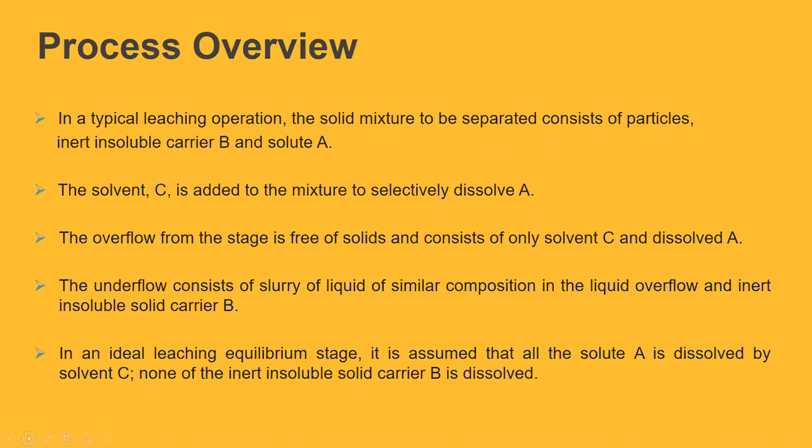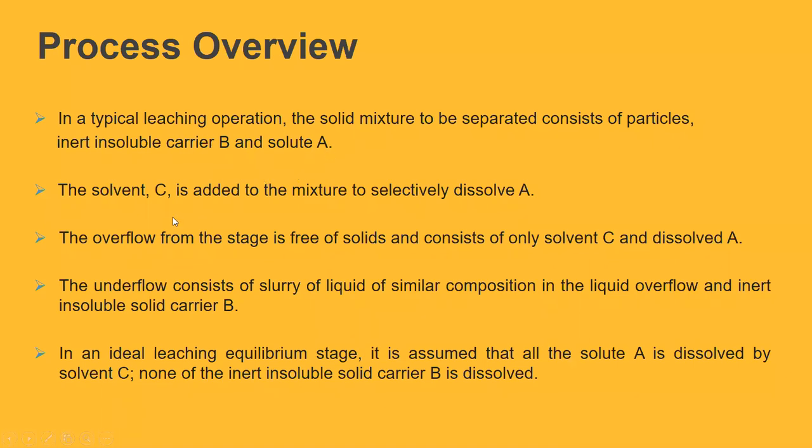Now, as to the process overview, although we are already guided by the three steps mentioned a while ago in the second slide, in a typical leaching operation, the solid mixture to be separated consists of the particles of the solute we represent as A and the inert insoluble solid carrier B. So our solid matrix is assumed to consist of only these two, solute A and the inert insoluble solid B, the one that carries your solute.